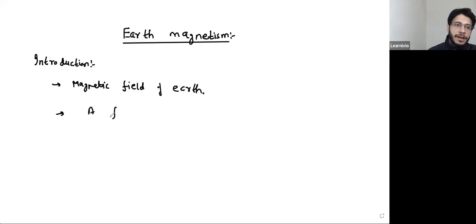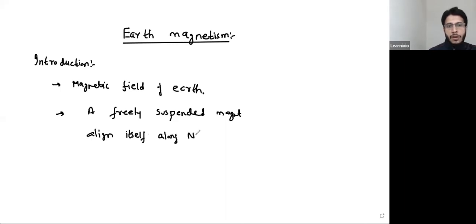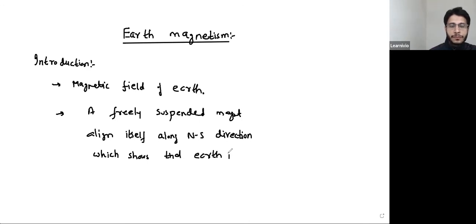So, a freely suspended magnet aligns itself along the north-south direction, which shows that Earth itself behaves like a magnet.